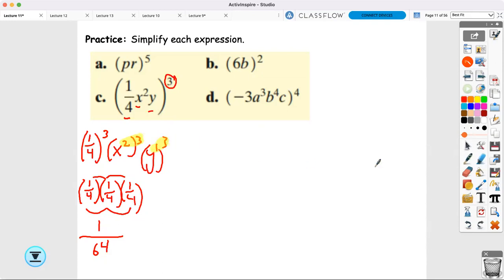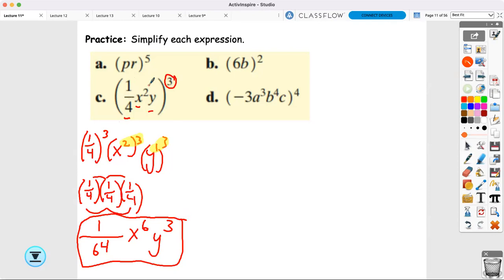When we have a power to a power, we multiply. So we get X to the 2 times 3, which is 6, and then Y to the 1 times 3, which is 3. Make sure that you're giving the cube, the exponent, to all the variables and the coefficient. Make sure you pass it on to all of them.